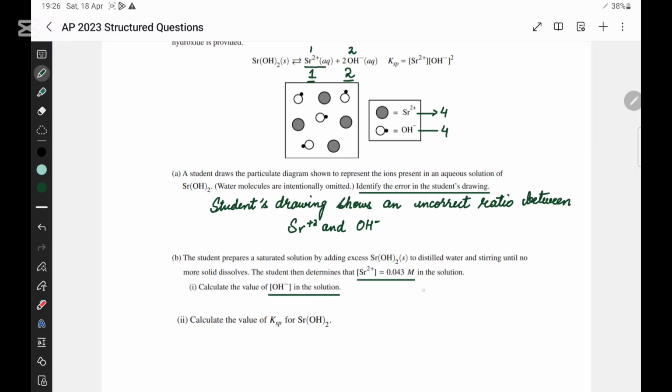So this is strontium ion, these are hydroxide ion, and from the equation they are 1:2. So if it is 0.043, then it is going to be x, and x comes out to be, you multiply by 2, that comes out to be 0.086 molarity.